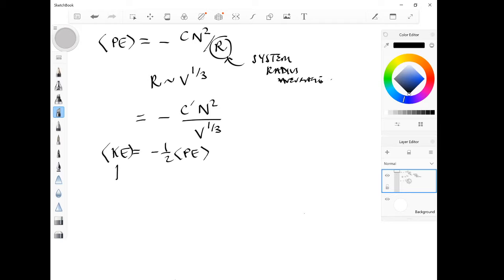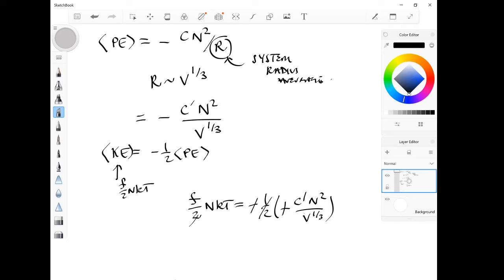And so knowing that this is F on 2 nkT, we've got F on 2 nkT is equal to minus a half outside of minus C dash on V. Those cancel, minuses cancel, ends cancel, and we end up with, let's lump all of our constants together, F k on C dash times T is equal to n on V cubed.